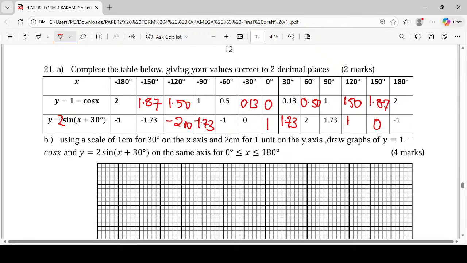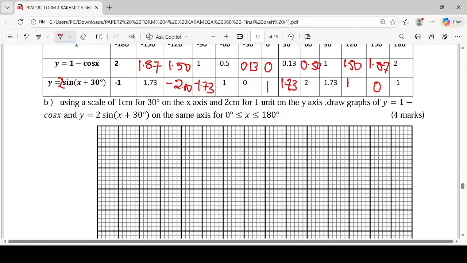So we need to draw our diagram here, ladies and gentlemen. I want you to be very keen with these questions.